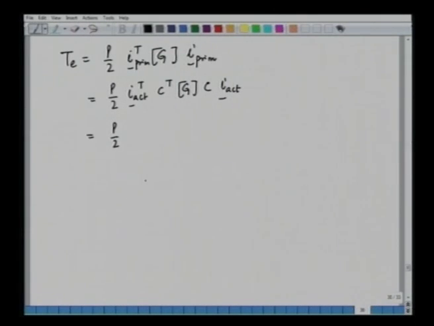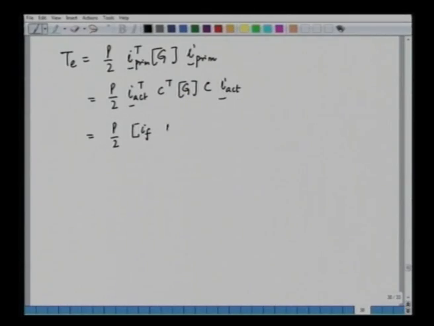What is I actual? I actual is IF IA, and the transpose of I actual, a column, will be a row matrix, that will be IF IA, a row matrix. What is C transpose? C transpose is given by 1 0 0 0 cos alpha sin alpha, and the G matrix is the matrix associated with the speed term. Okay.